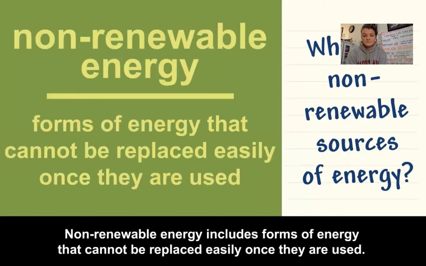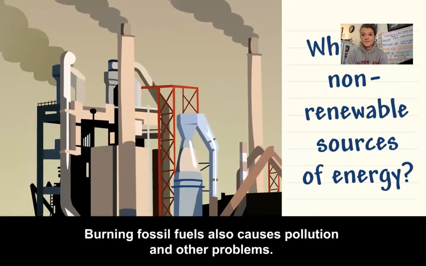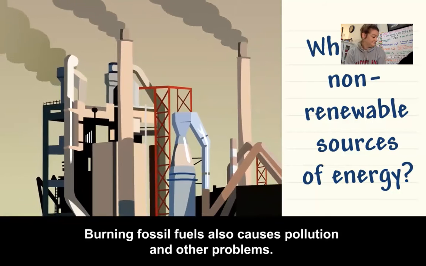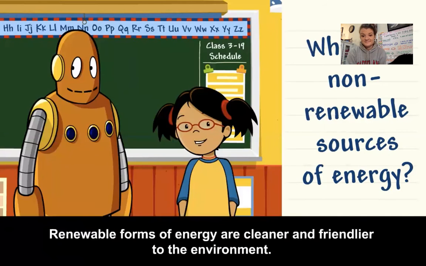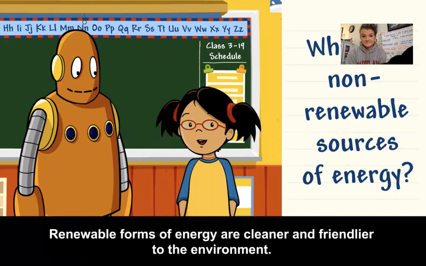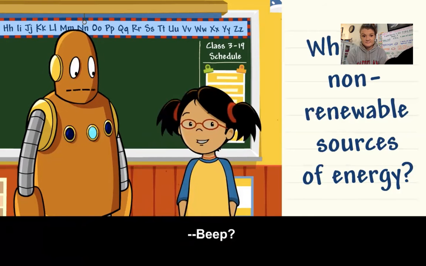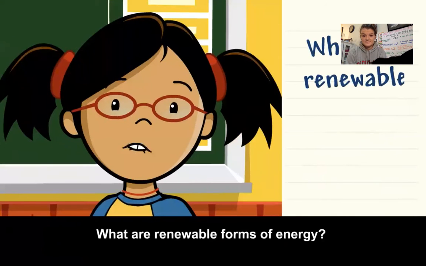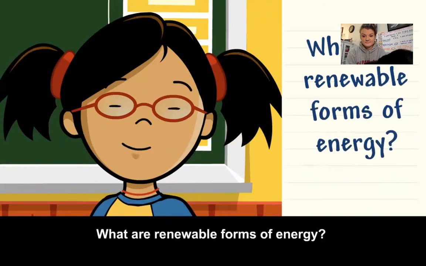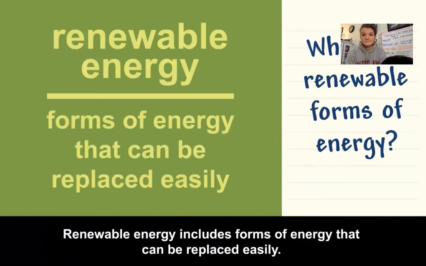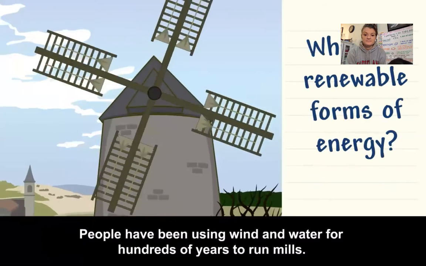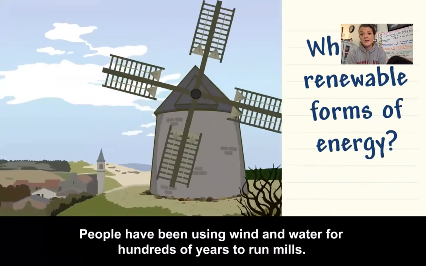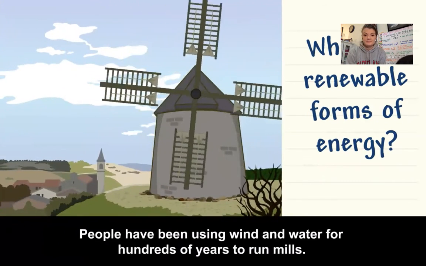Non-renewable energy includes forms of energy that cannot be replaced easily once they are used. Burning fossil fuels also causes pollution and other problems. Renewable forms of energy are cleaner and friendlier to the environment. What are renewable forms of energy? Renewable energy includes forms of energy that can be replaced easily. People have been using wind and water for hundreds of years to run mills.